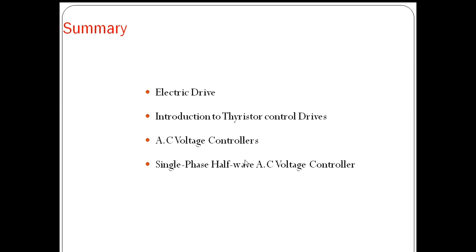Suppose you take a single phase signal of 230 volts 50 Hz supply; by using an AC voltage controller, we may convert it into a 220 volts 50 Hz signal. The magnitude is a variable quantity. We are not changing the frequency.